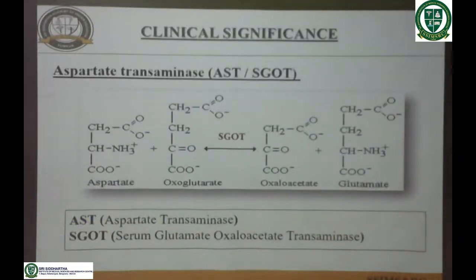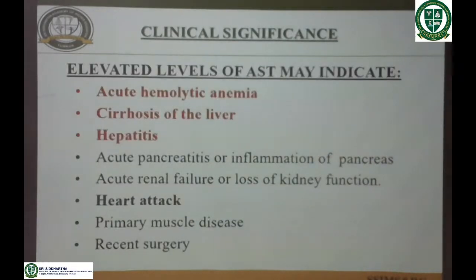The clinical significance of this enzyme is the same as the transamination reaction I was explaining. We can see this enzyme will be elevated mainly in AST levels, indicating acute hemolytic anemia, cirrhosis of liver, and hepatitis.